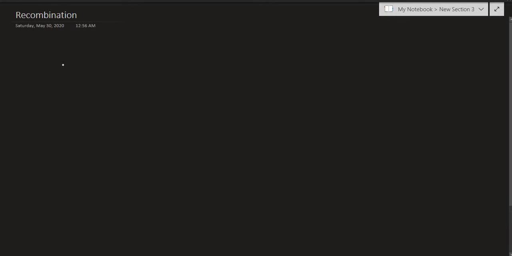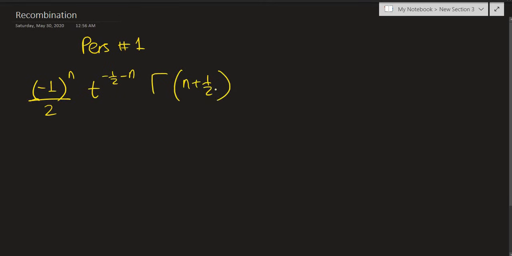So from perspective number 1, we obtained that negative 1 to the n divided by 2 times t to the negative half minus 1 times the gamma of n plus half is equal to the nth derivative of I of t.